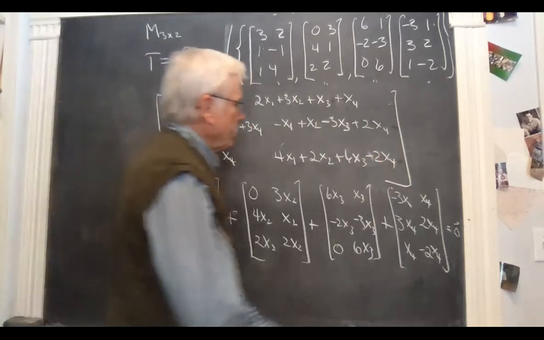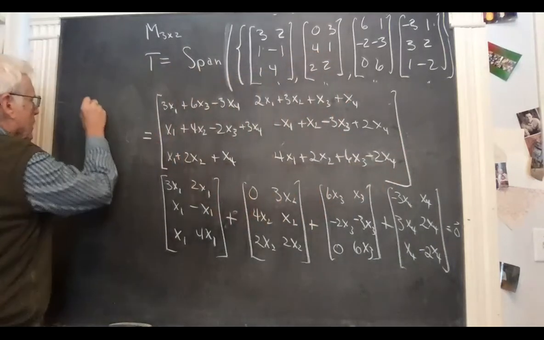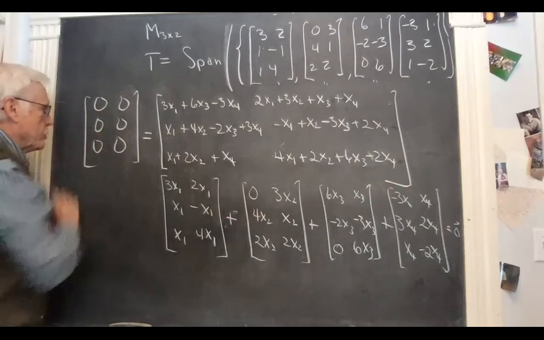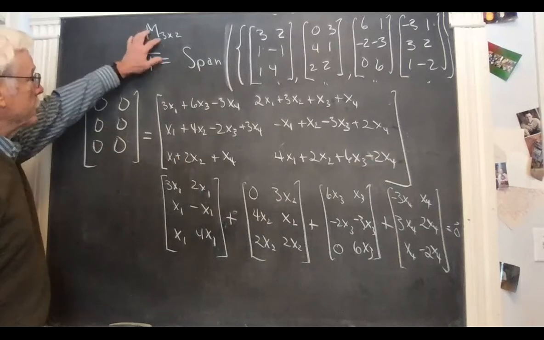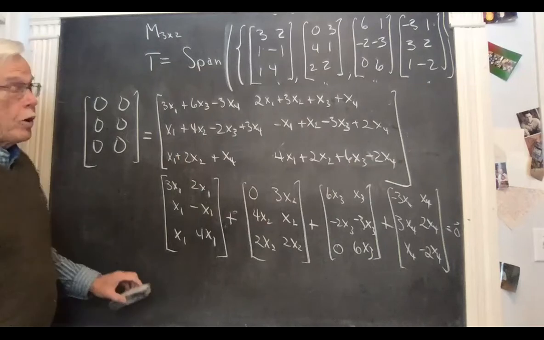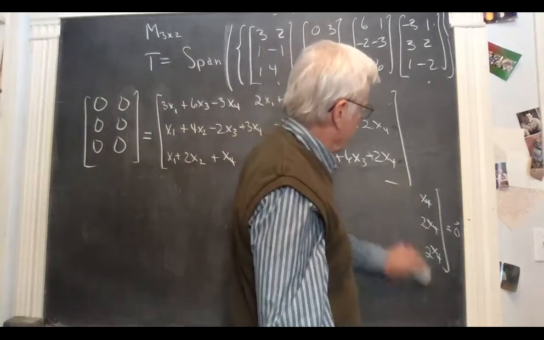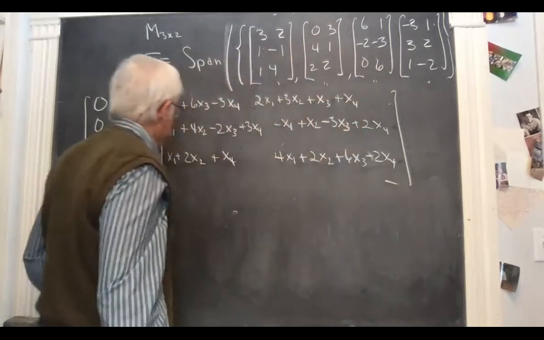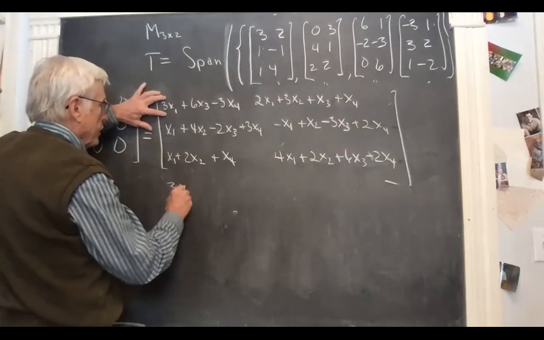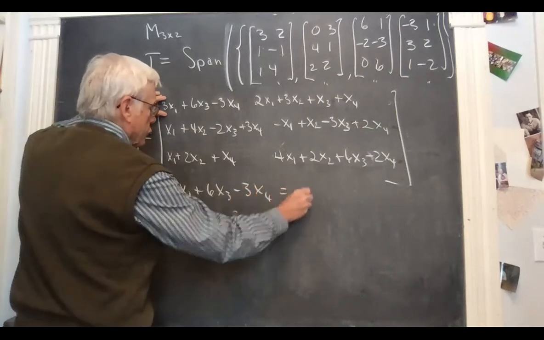And we'd like to solve this equal to 0, 0, 0, 0, 0, 0, the zero vector in this M3 by 2 space. This will give us 6 equations in 4 unknowns. The first equation is 3x1 plus 6x3 minus 3x4 equal to 0.